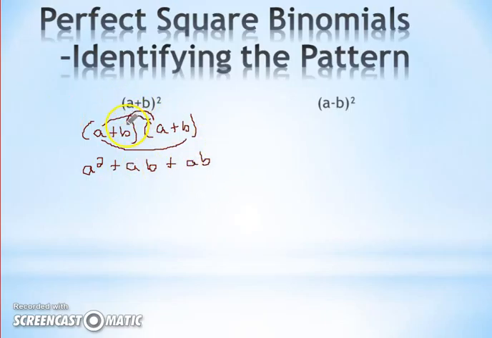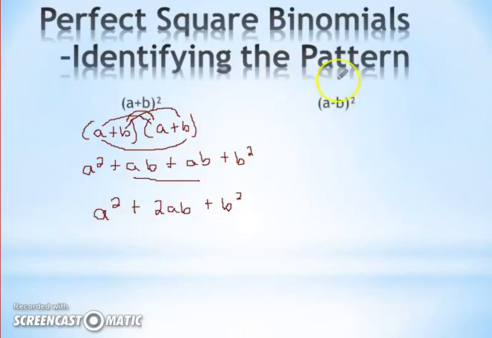And then the last times the last, so b times b, we would have a positive b squared. If we simplify this by combining these two terms in the middle, we end up with a squared plus 2ab plus b squared.